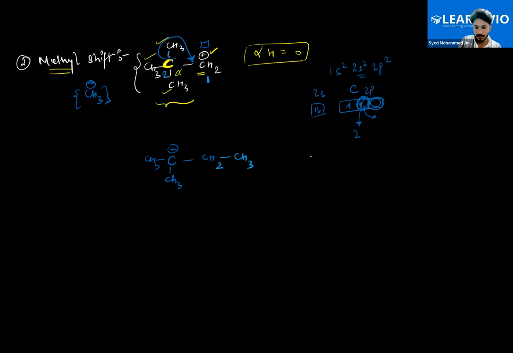So now let us count the alpha H here. So this is the functional group carbon, the cationic carbon, and the direct carbons attached to this carbon will be this one and this one. These are the alpha carbons. So Hadia, can you tell me how many alpha hydrogens are here?